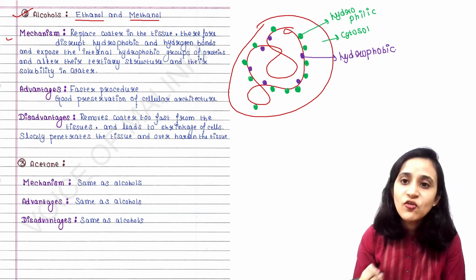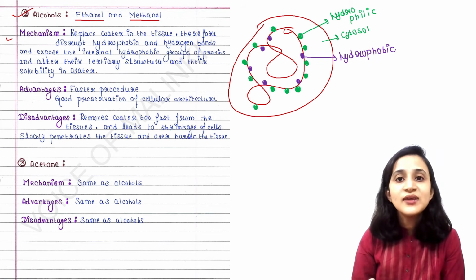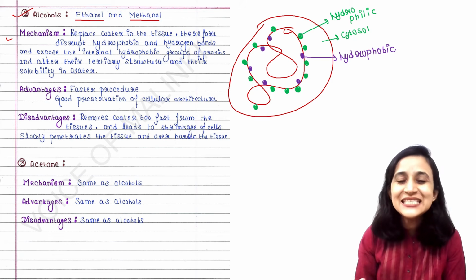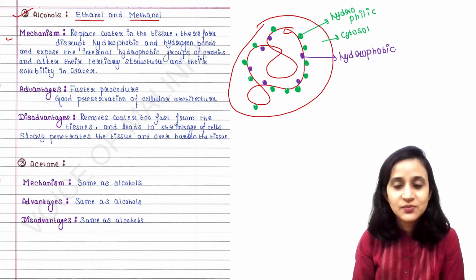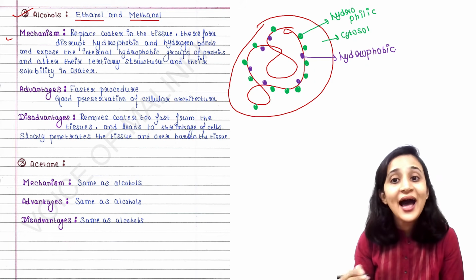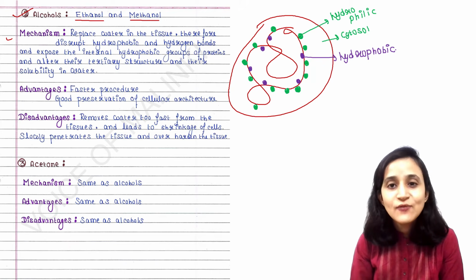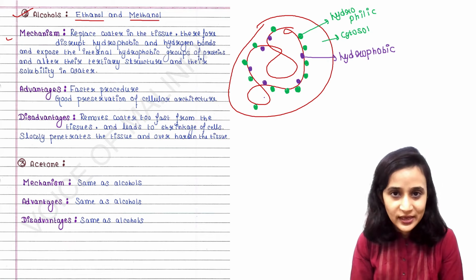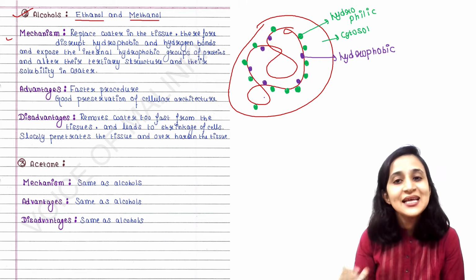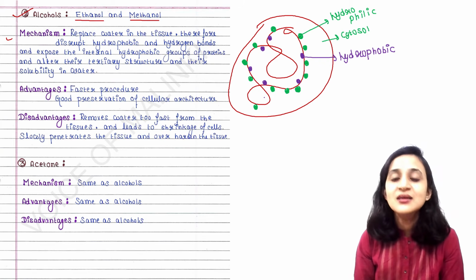These hydrophobic amino acids will always stay in the interior portion of the proteins because they are hydrophobic. They have a phobia of water. So they will hide themselves in the interior of the proteins. Right? In this way, the proteins are arranged in a cell.